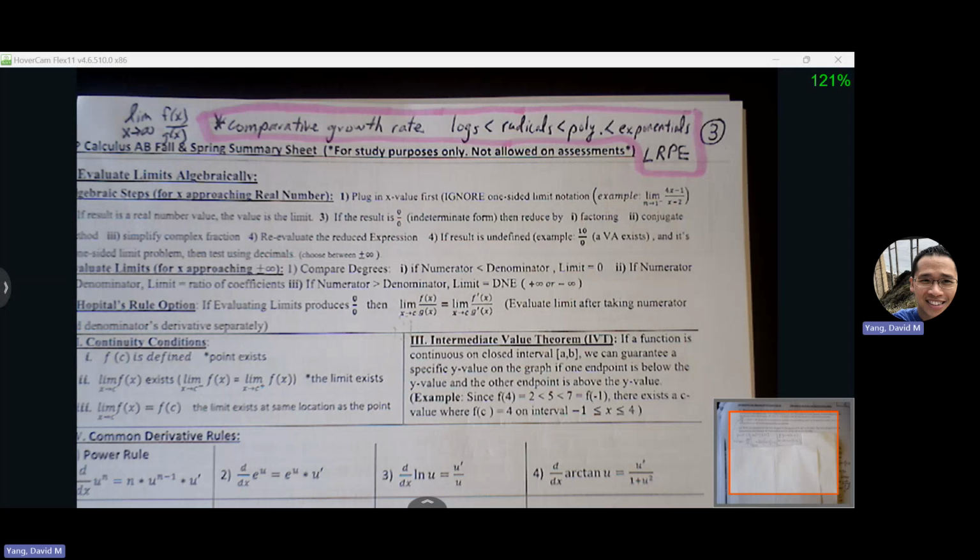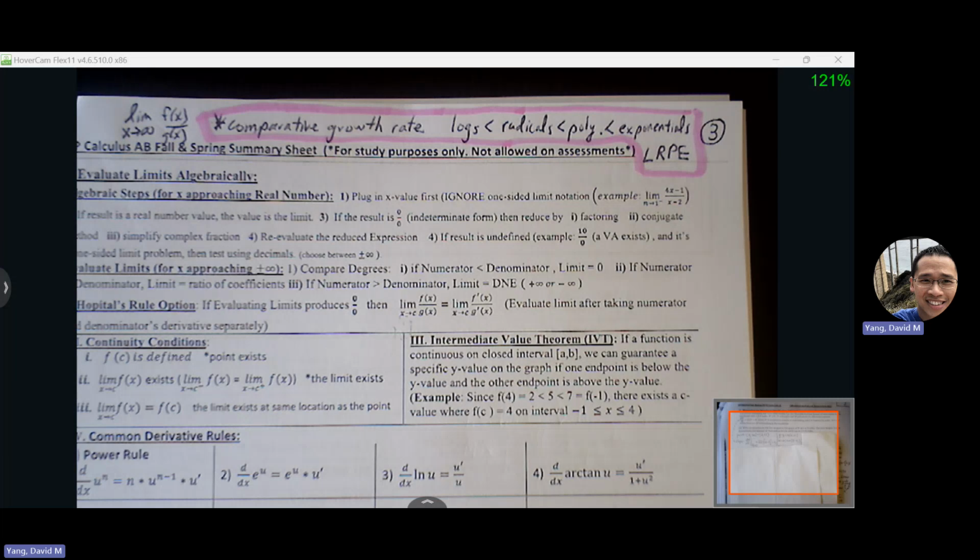If I have logs over a radical, or if I have a polynomial over an exponential, whichever is growing at a faster rate, in either numerator or denominator, will push the expression to be either 0 or infinity. So if the higher growth function is up top, it'll go to infinity. If the higher growth function is below, it'll go to 0.